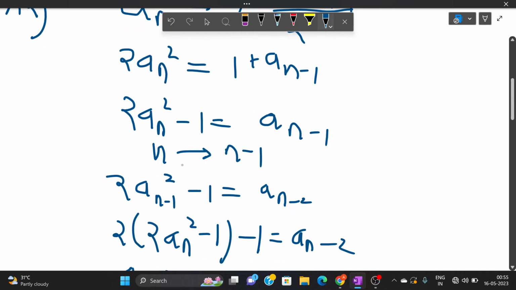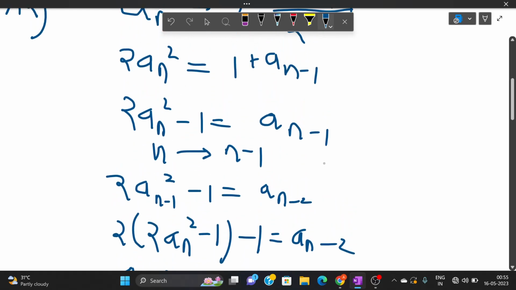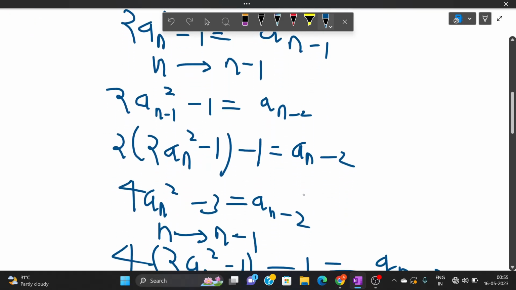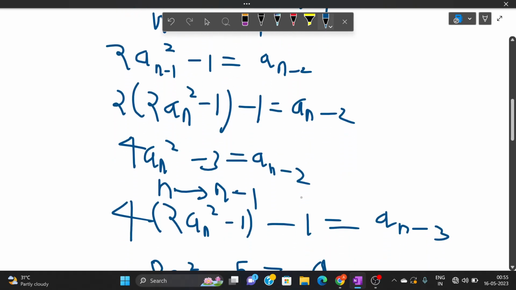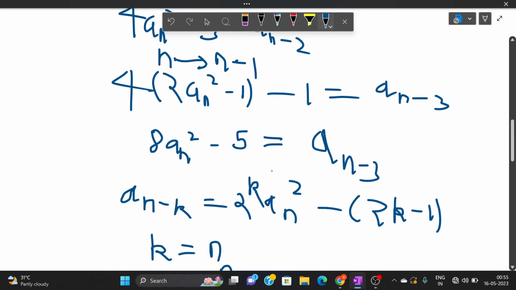Then I substitute n with n minus 1, and I get 2 times a n minus 1 square minus 1 equal to a n minus 2. Then substituting a n minus 1 from the first equation, I get a n minus 2 equal to 4 a n square minus 3. Then again substituting n with n minus 1, in a similar fashion, I get a n minus 3 equal to 8 a n square minus 7.